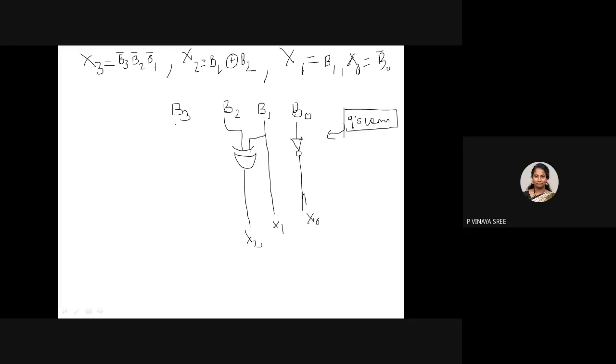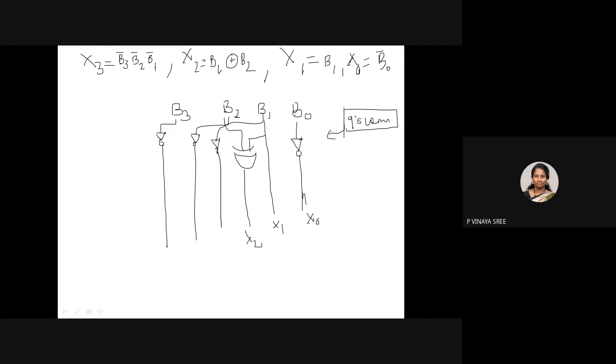B3. How to get the x3 output? What do we need to connect? The complement of B3 with an AND gate, and B2 complement, and B1 complement.